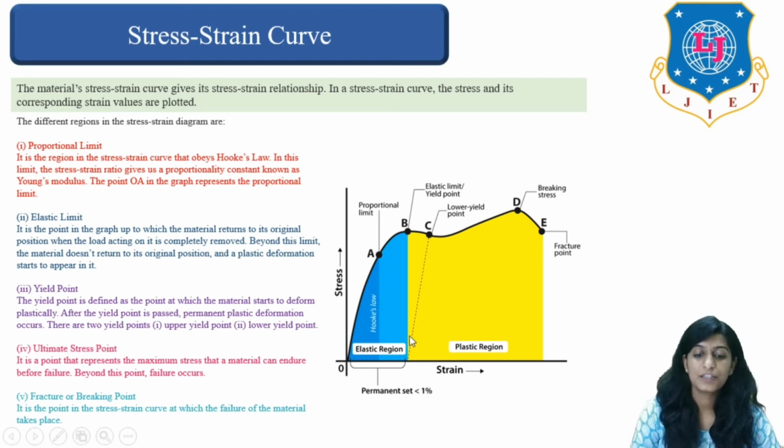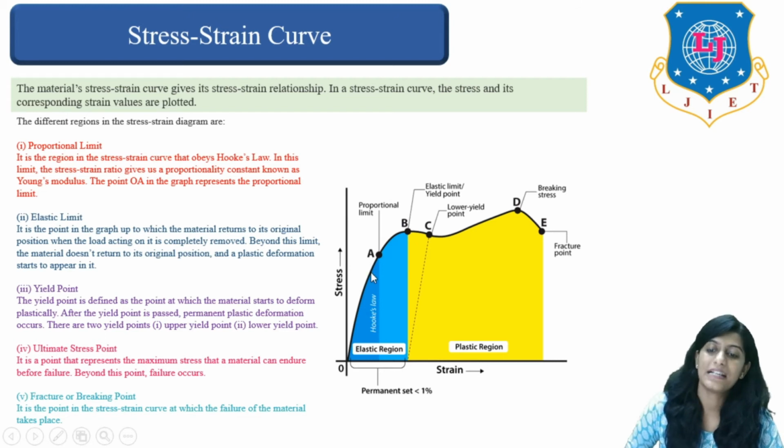So in this particular region, the dark blue one, at point A, Hooke's law will be followed, right? The stress strain ratio gives us a proportionality constant known as Young's modulus.